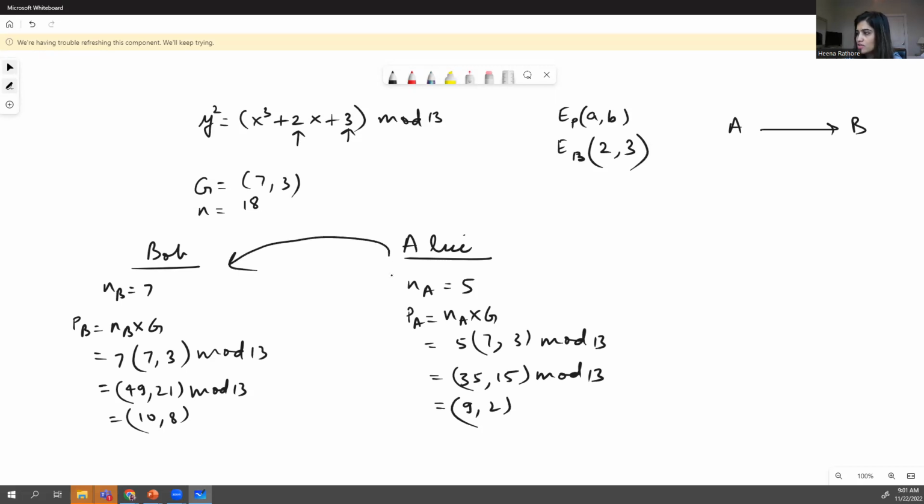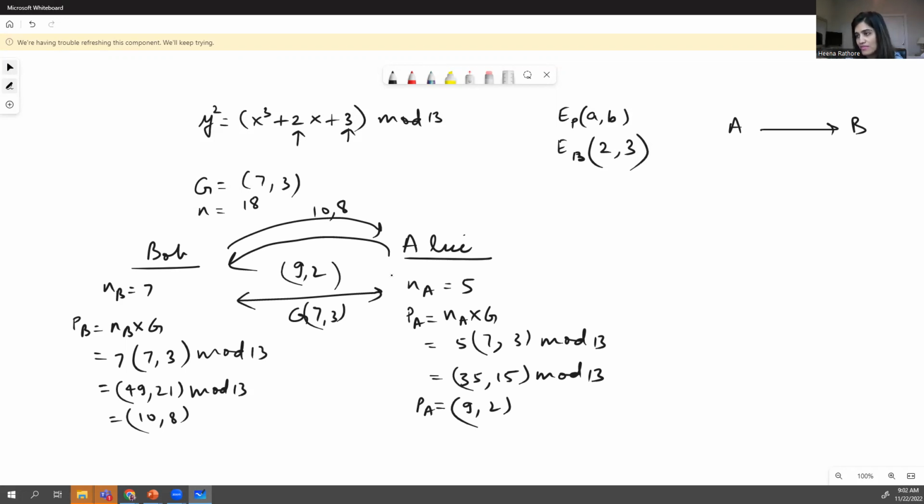Alice transmits 9 comma 2 and Bob transmits 10 comma 8. And what is common between them is the G value, which is 7 comma 3.